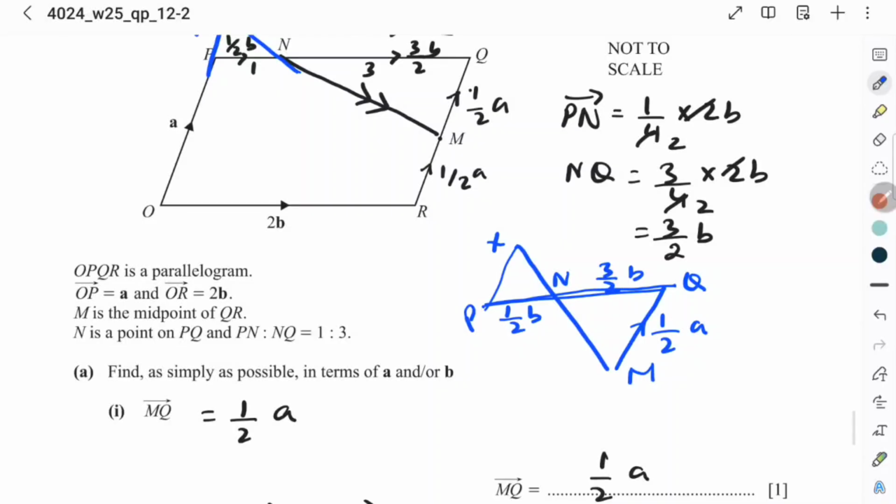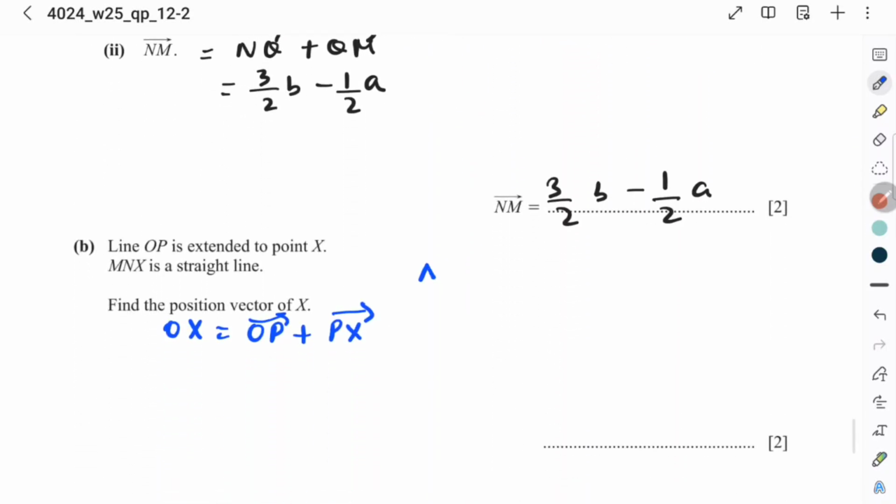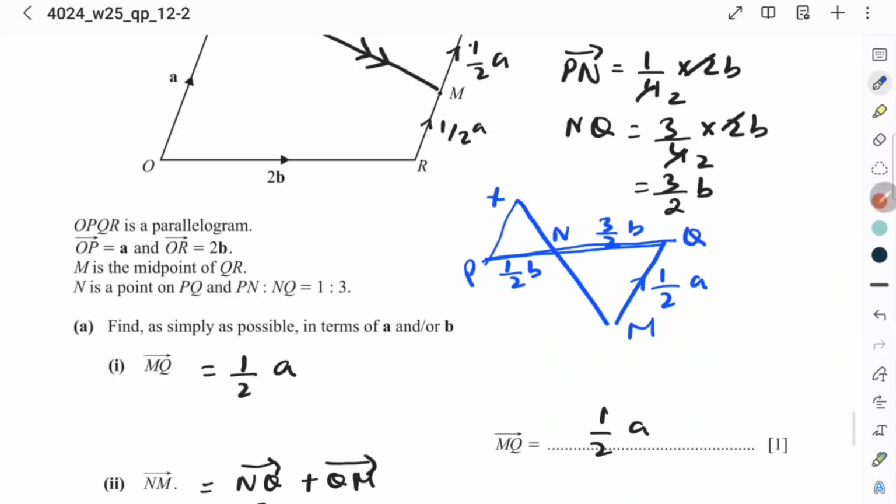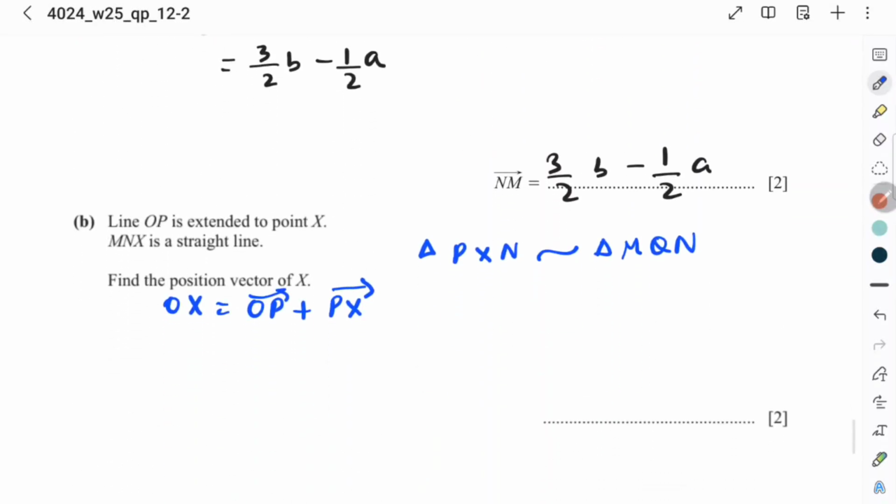As we know, you have the similar triangles PXN and QMN. So triangle PXN is similar to triangle MQN, because you have the alternate angles equal there. Like this angle is equal to this one.